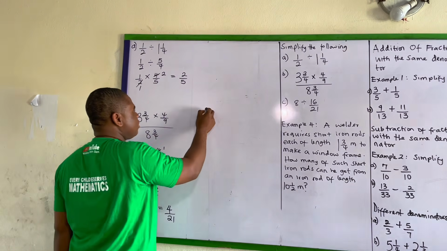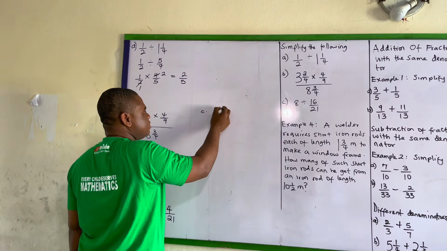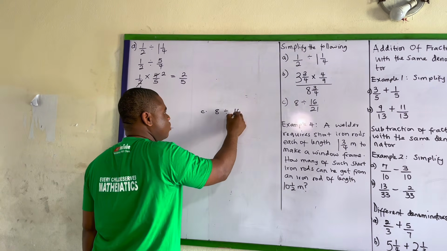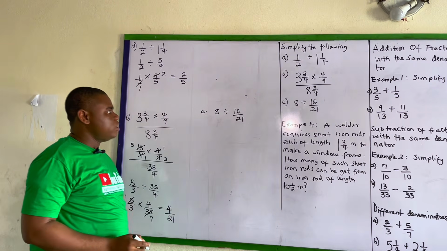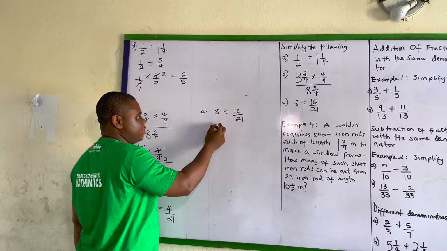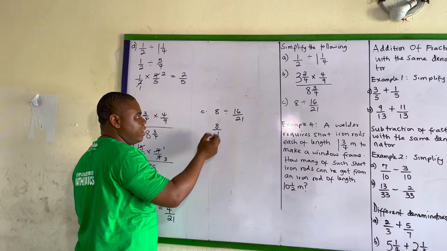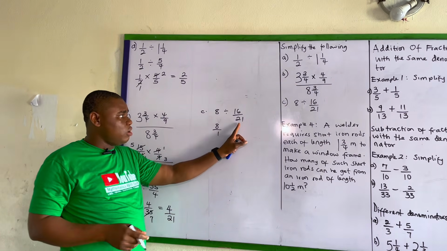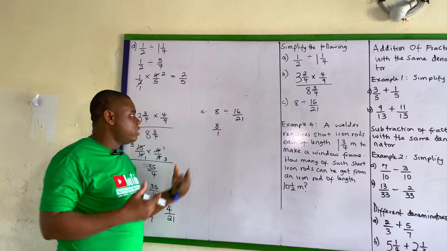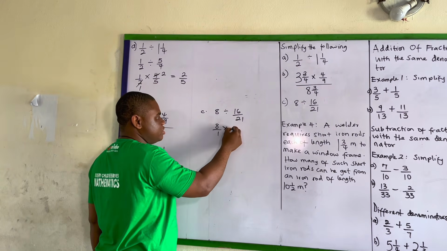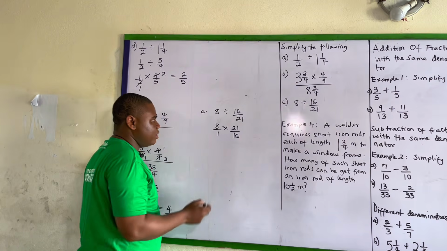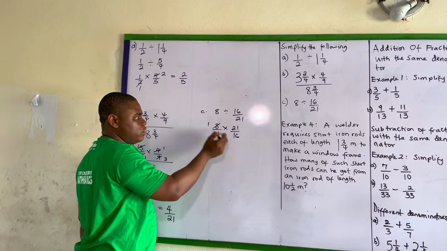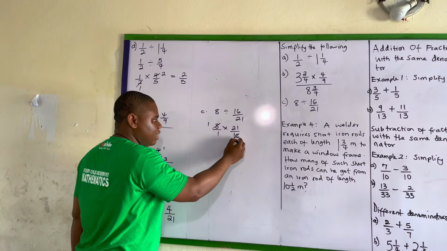Finally, the last one, I have 8 divided by 16 over 21. So in the same case, I can turn this to 8 over 1, if you don't mind, and also find the reciprocal of 16 over 21. That will give me times 21 over 16. So 8 goes into itself 1, goes into 16, that's 2 times.